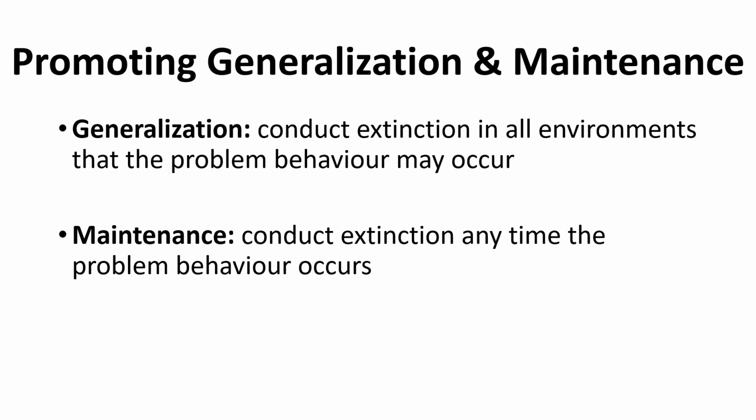You would continue ignoring the child throwing their temper tantrum or whatever it is that you're extinguishing. And the more often that you are able to consistently ignore it or consistently extinguish it, then the longer that behavior is going to stay extinguished. So maintenance would just be to make it last longer, and generalization is to have it apply in all different scenarios.